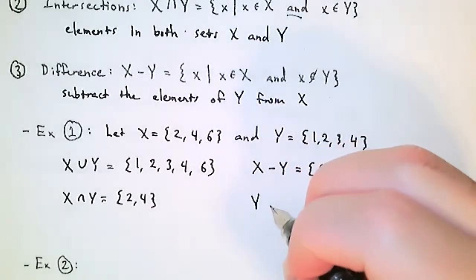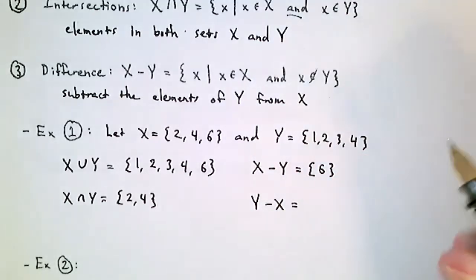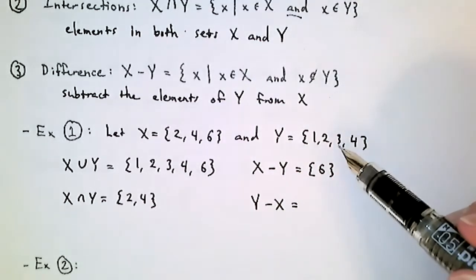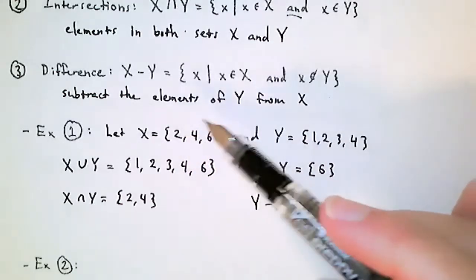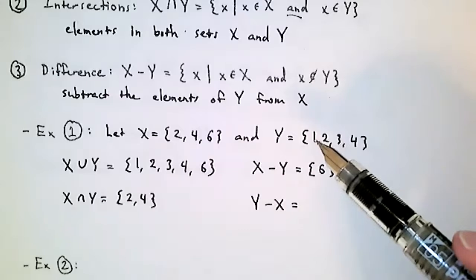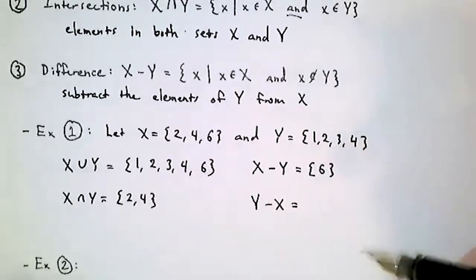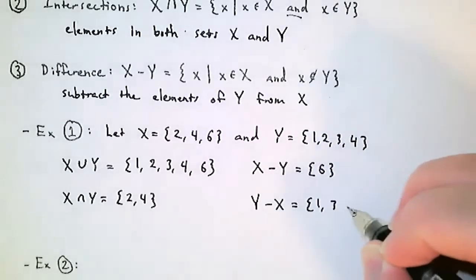What about Y minus X, if we switch around the order? So what elements are here, but not over there? 1 and 3. Good. So we keep the 2 odd numbers. 1 and 3.